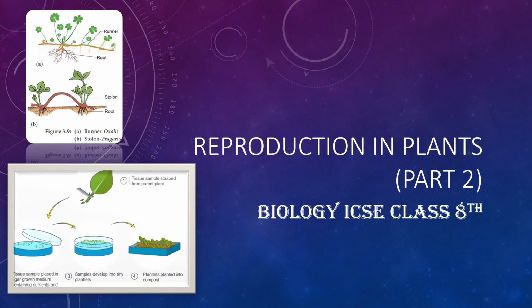We discussed vegetative propagation by natural methods: tuber, rhizome, corm and bulb, and by aerial method, by root and by leaves. So let us start today's episode, where I am going to discuss vegetative propagation by the artificial methods.